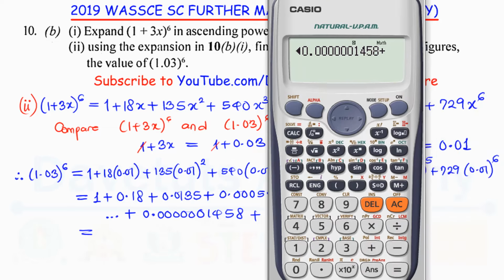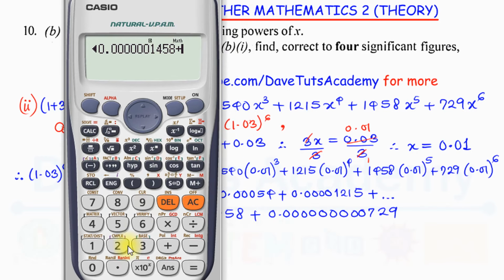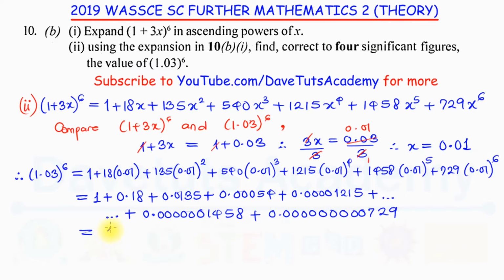Now we can move to our calculator to see that clearly. This gives 1.19405. But we are asked to find it correct to 4 significant figures.